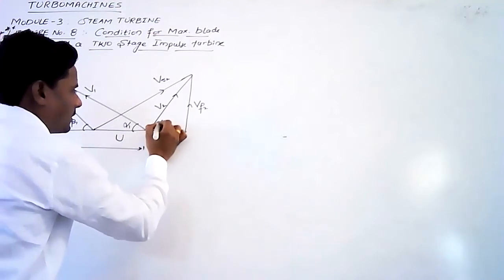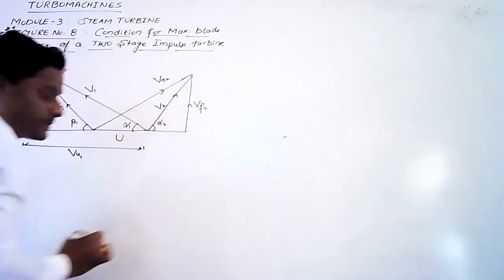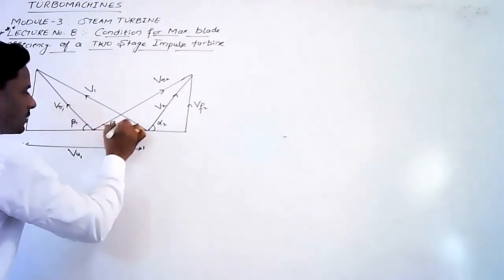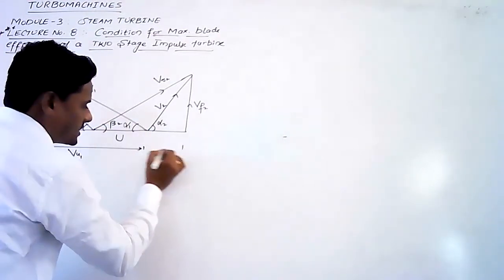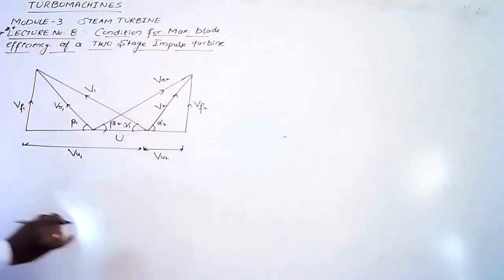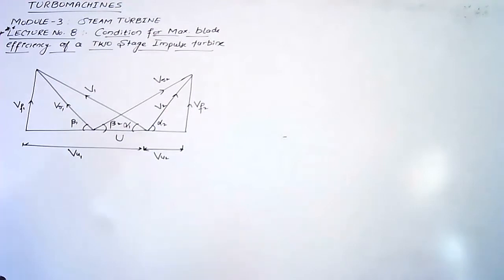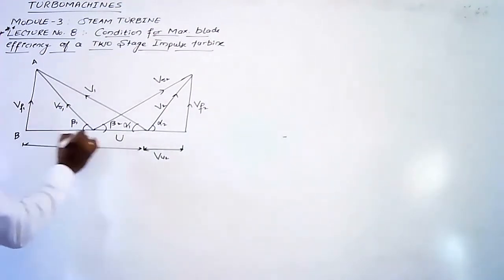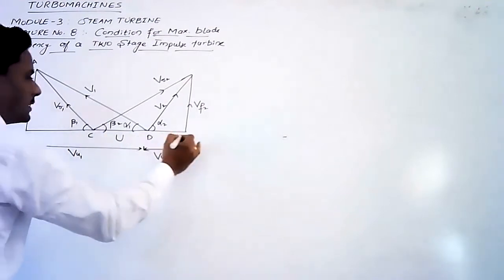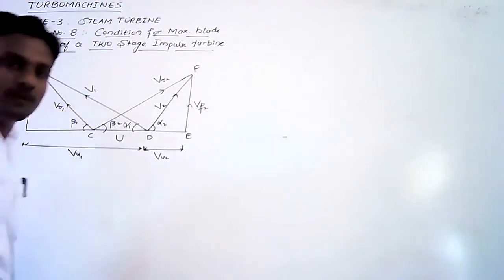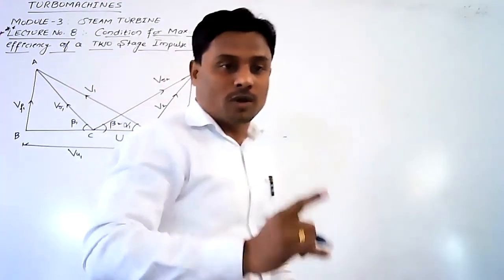Now V2 makes an angle alpha 2 with respect to horizontal, and VR2 makes an angle beta 2 with respect to horizontal, and its horizontal component is VU2. Let us name all the points here: A, B, C, D, E, and F. This is the combined velocity triangle for stage 1.